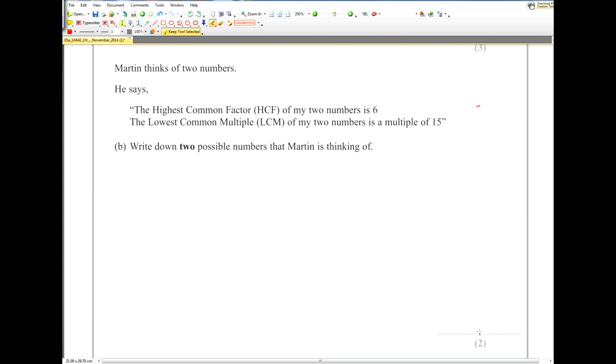So Martin thinks of two numbers. He says the highest common factor of my two numbers is 6, and the lowest common multiple of my two numbers is a multiple of 15. So that's our clue. Let's start with the multiples of 15. We have 15, we have 30, we have 45, and so on.